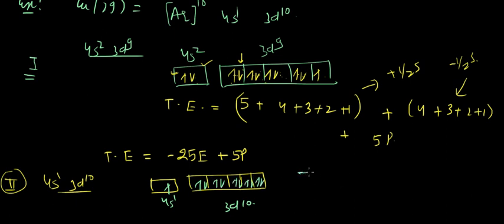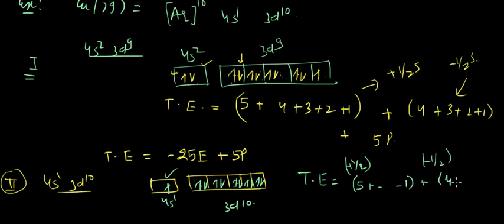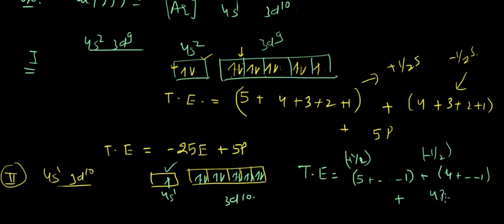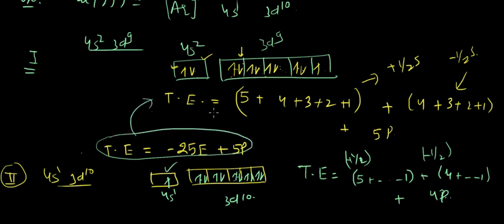Okay, so for plus half spin, for this one we would be having 1 2 3 4 5 up to 1. Okay, for minus half we would be having 1 2 3 4 up to 1. And how much pairing energy would it be? It would be 4p. Okay, so total energy for this case would be again minus 25e plus 4p.